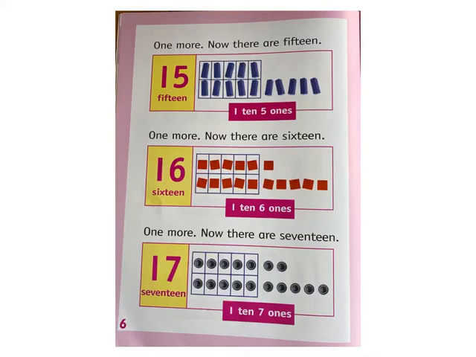We have 1 10 and 7 1s. If you have a look at that, you can see 1 10, one group of 10 and 7 1s. Let's count on again and say 10, 11, 12, 13, 14, 15, 16, 17.